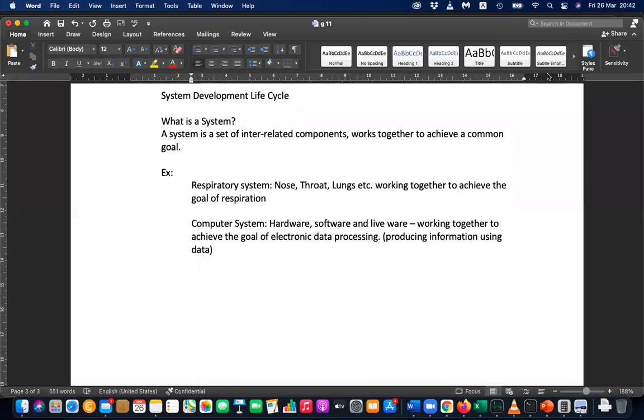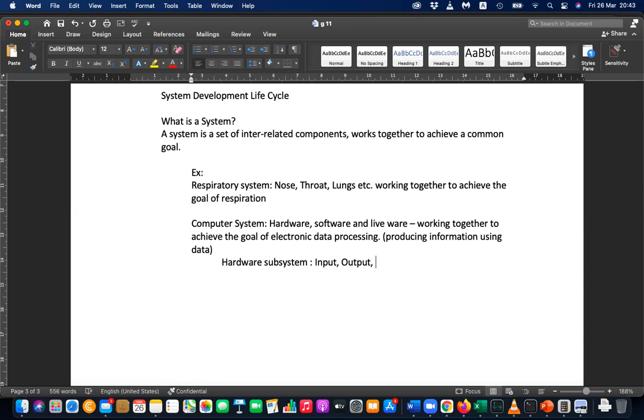Okay, you know that. So computer system, what is a system? You know the examples: computer system, respiratory system, and you should also know what the hardware subsystem is. Hardware is also a subsystem. So what are the components in the hardware subsystem? Yes, you know that. Input, output. Yes, name it. Input, output.